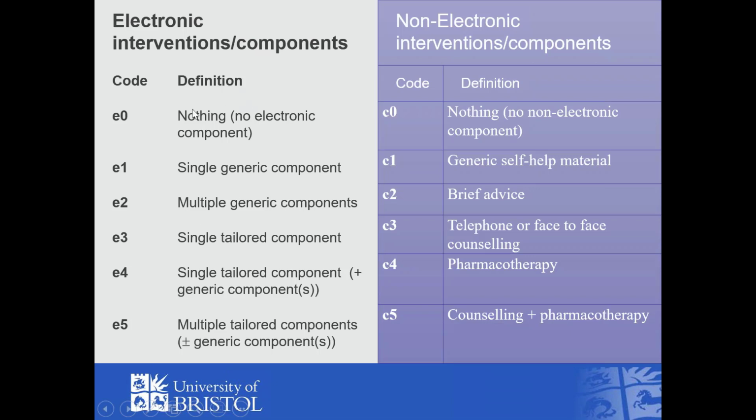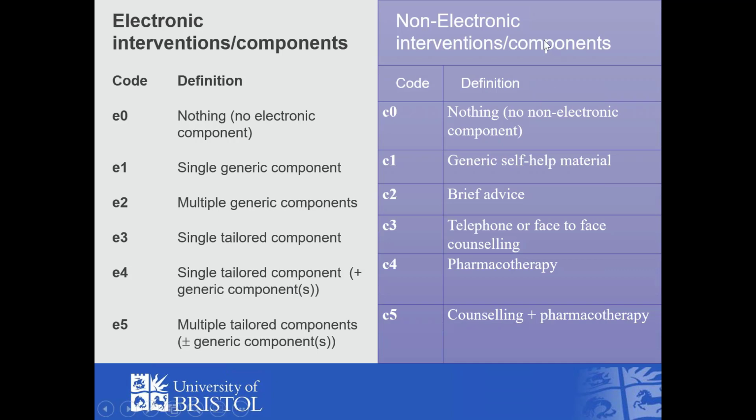Most interventions had some kind of electronic component, so that was either nothing, a single generic component, multiple generic components, single tailored components, or multiple, so a single tailored component plus a generic component, or multiple tailored components.